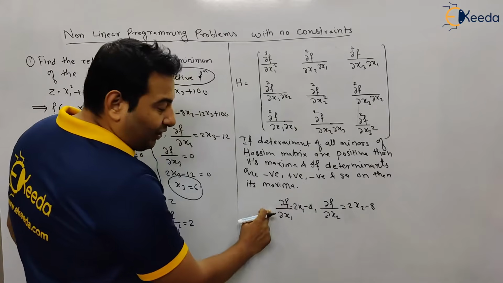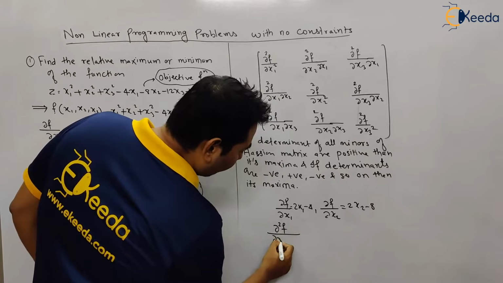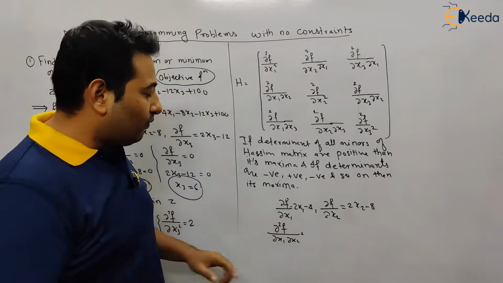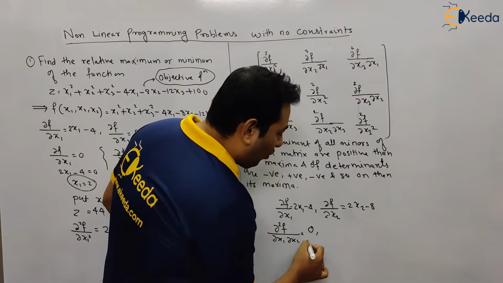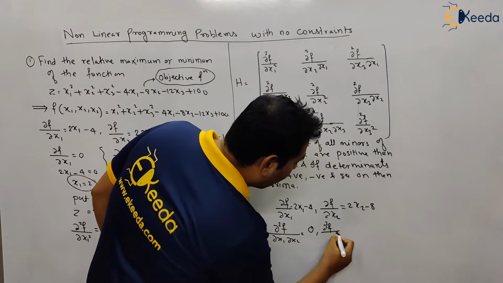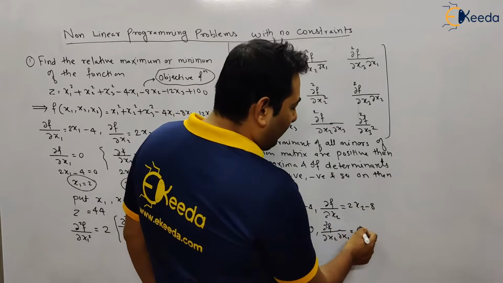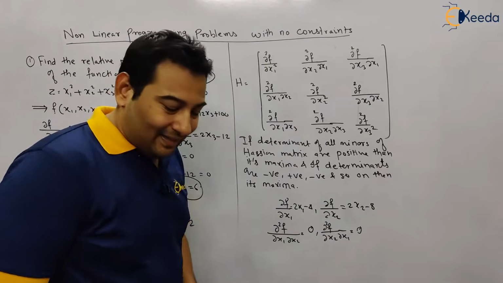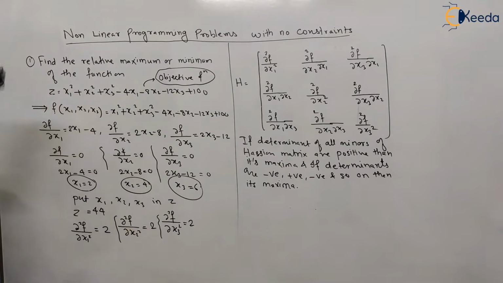Whether you differentiate this term with respect to x2, x1 is a constant and its derivative will be 0, or you differentiate this term with respect to x1, its derivative is 0. Whatever you do, you will get the answer as 0. So let us write it down here.